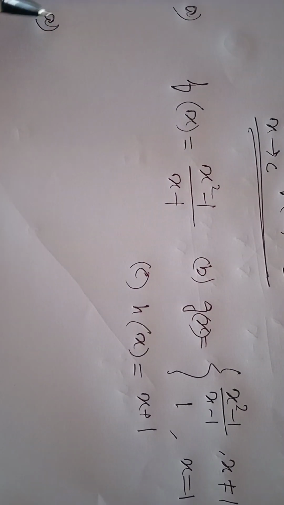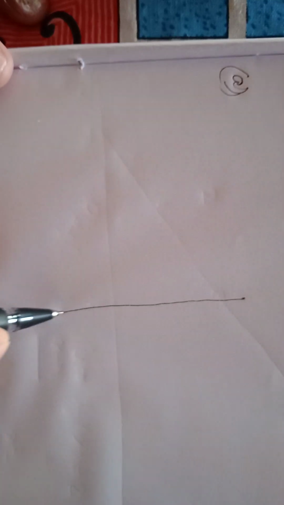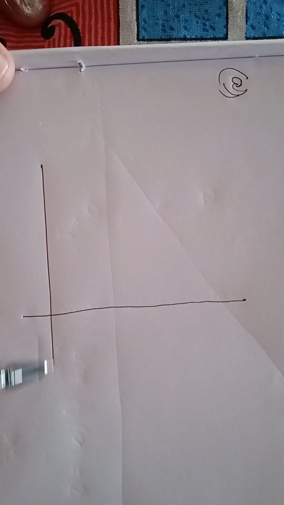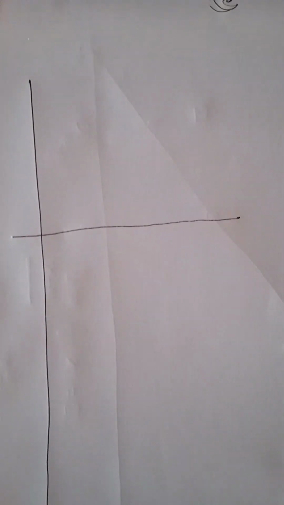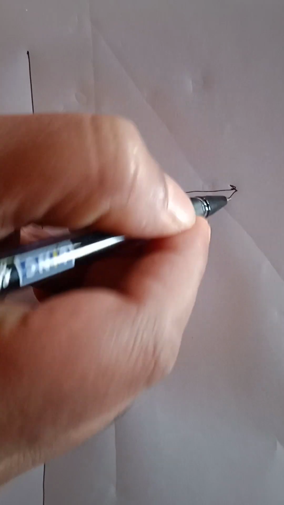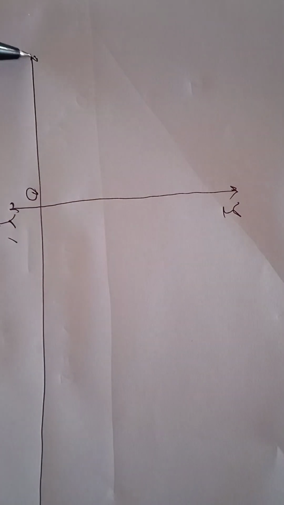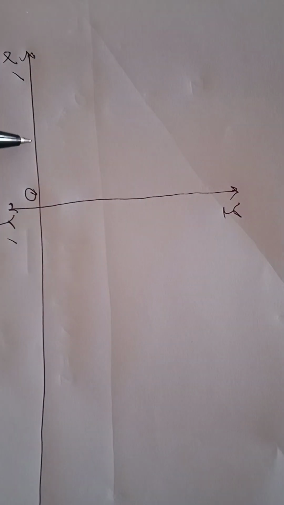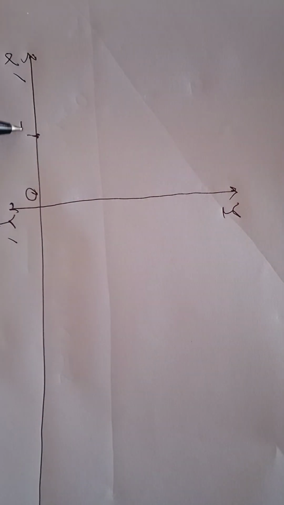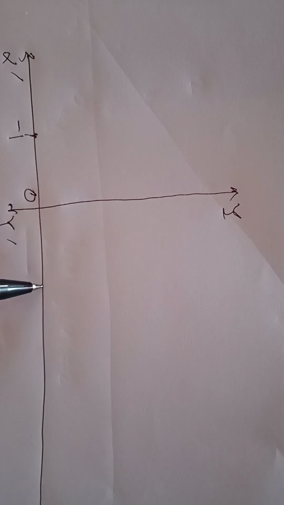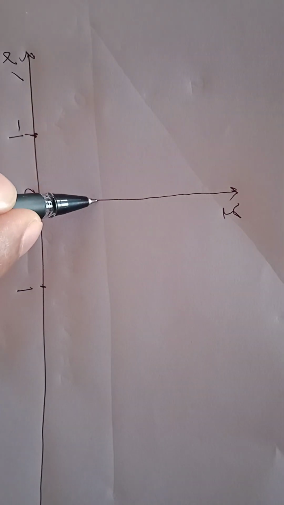What is the graph of function (a)? This is the y-axis, this is the x-axis, this is the origin. Consider this is minus 1, this is 1, this is also 1.